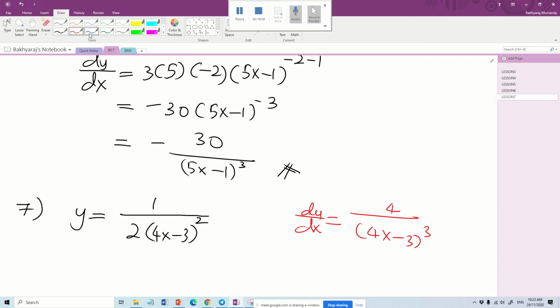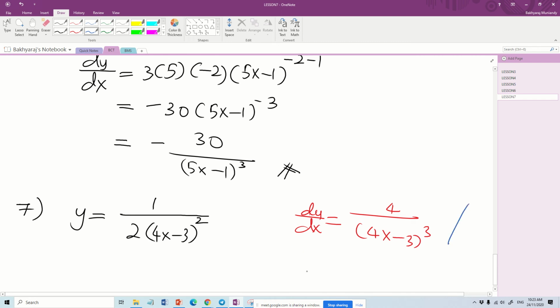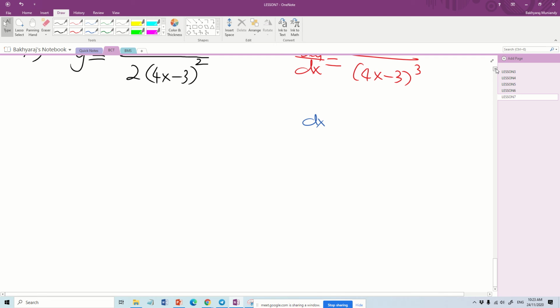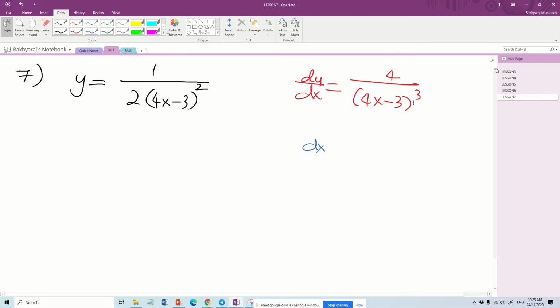Okay, next. Ada tak siapa-siapa ada jawapan lain? Anyone different answer than this? Mau cuba dy dx sama dengan? Sir, ya. Negative 16. Kejap. Sorry.